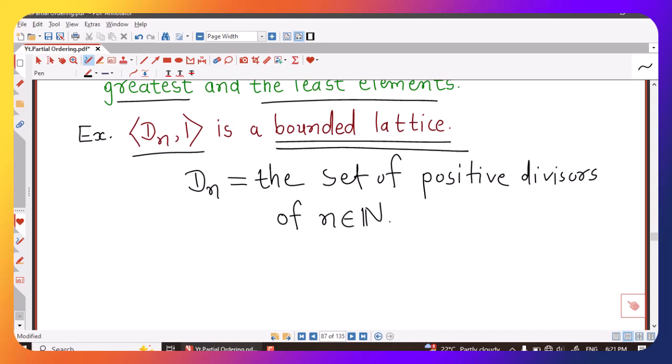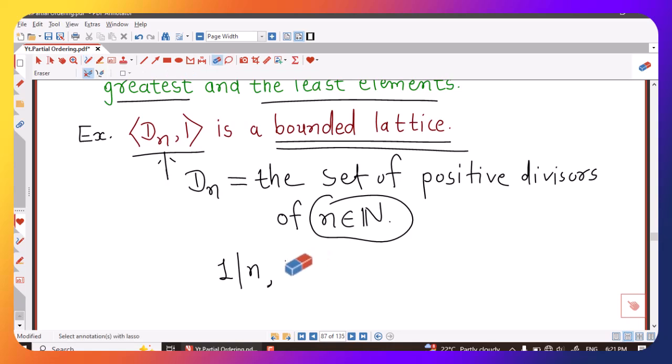That means we have to show that Dn has a greatest element as well as a least element. Now suppose n is any natural number, then it is clear that 1 divides every element in this Dn. First I am searching for the least element.